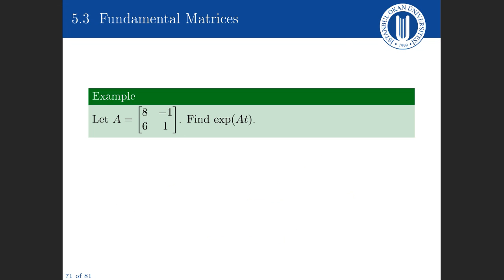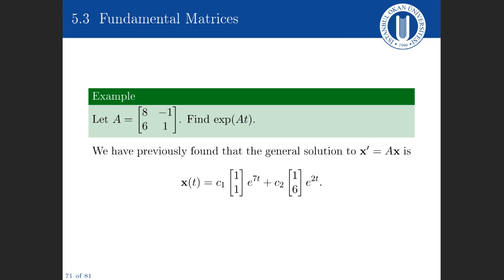So for example, let A be equal to the matrix with entries 8, minus 1, 6, 1. Find the exponential of At. In other words, find the special fundamental matrix which satisfies that capital phi at 0 is equal to the identity matrix. We've previously found the general solution to this differential equation.